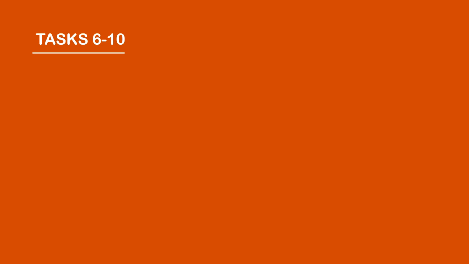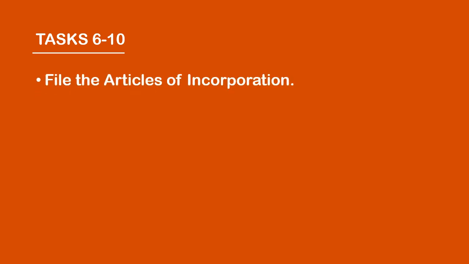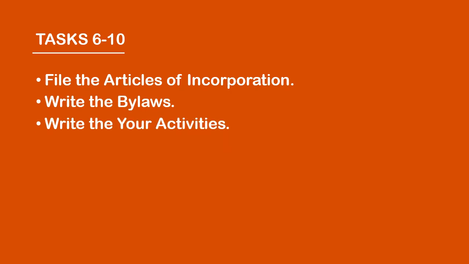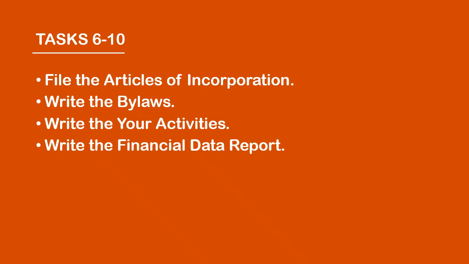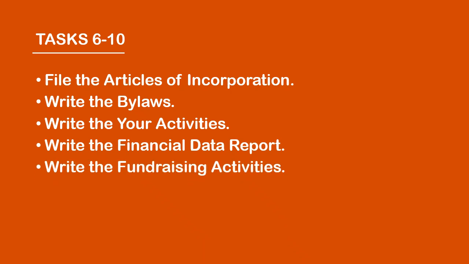So tasks 6 through 10. 6, file the articles of incorporation. 7, write the bylaws. 8, write your Activities document. 9, write the financial data report. 10, write the fundraising activities. So those are tasks 6 through 10. How are you feeling? What are you thinking?